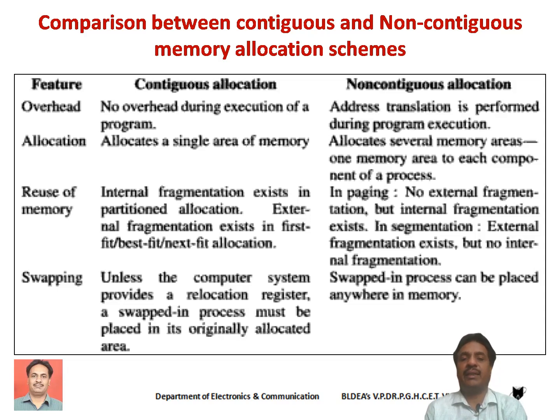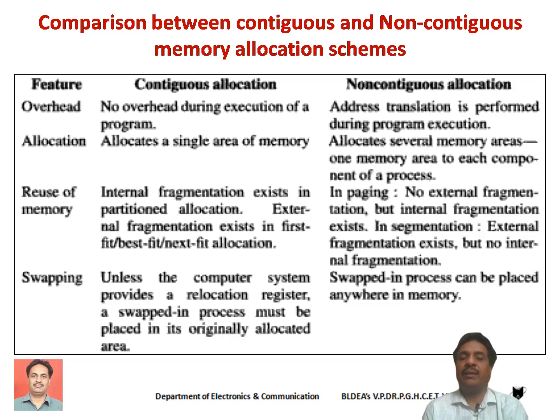The meaning is that if you are employing swapping in the operating system, and the memory is allocated with the contiguous allocation scheme, the process needs to be stored in its original location if a relocation register is not provided.